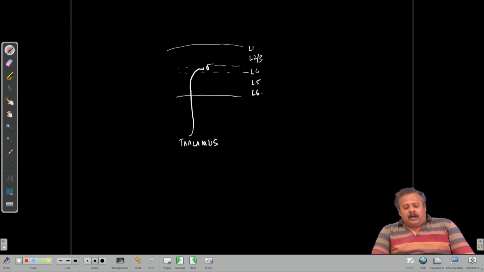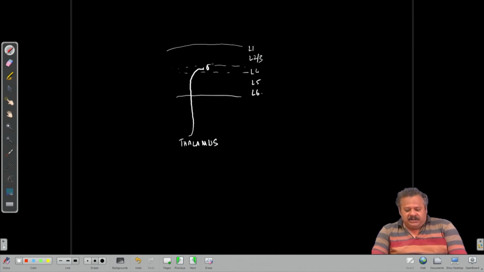But the circuitry is not like this thalamus to layer 4 connection, which is probably the beginning of the cortical processing, when the brain is developing. It is quite different, and there are stages through which this happens.